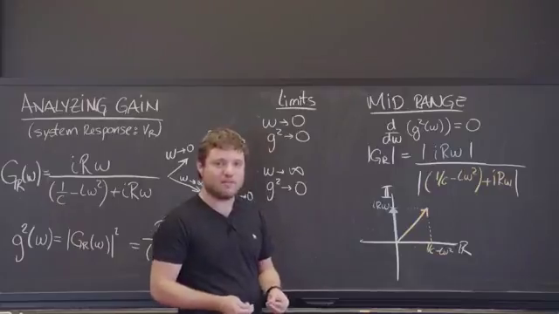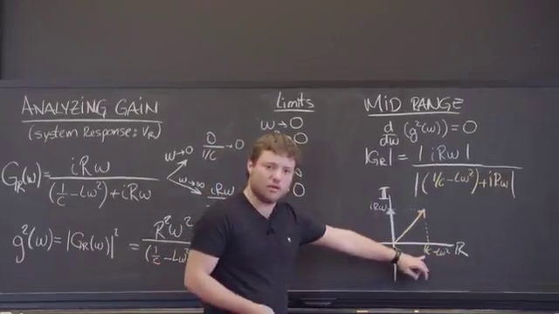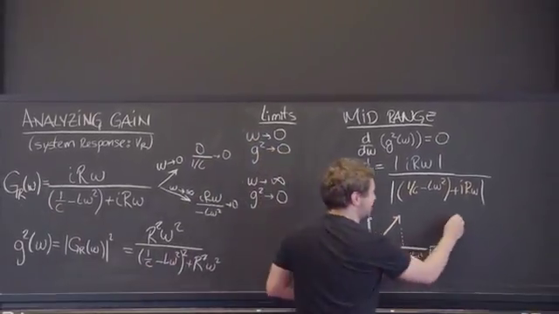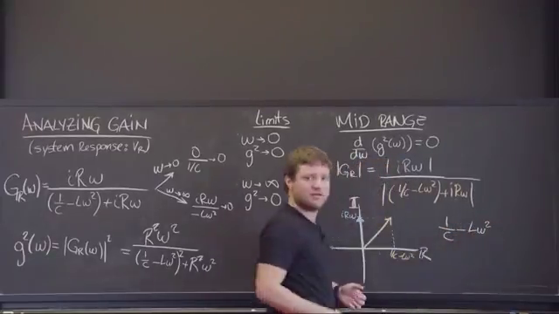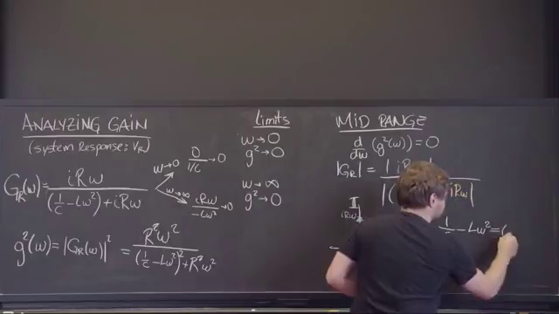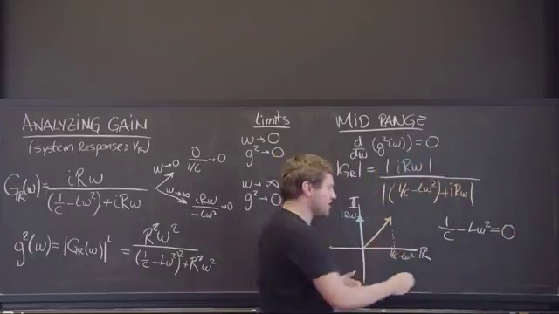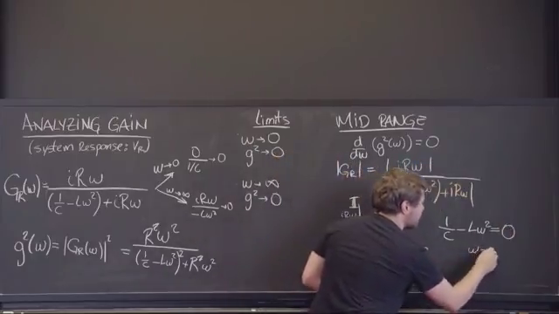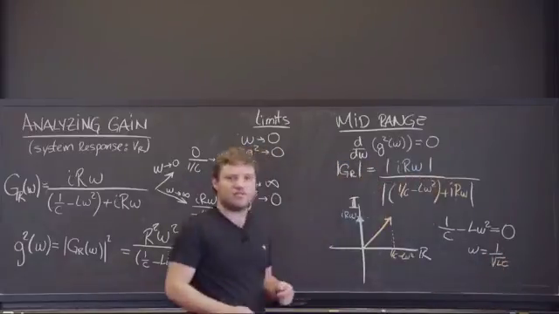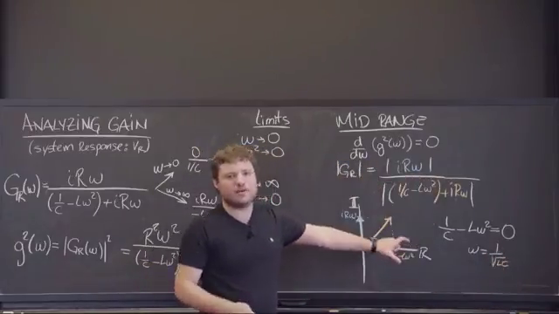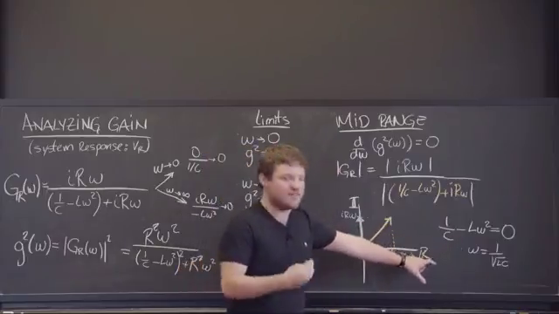So when does that happen? We want the real part of the denominator, which is given by 1 over c minus L omega squared, to be equal to 0. Solving this, we obtain that omega is equal to 1 over the square root of LC. Note we're thinking about frequency as a positive number.